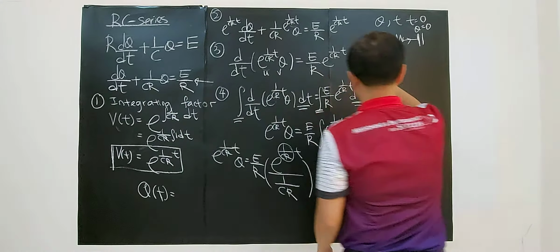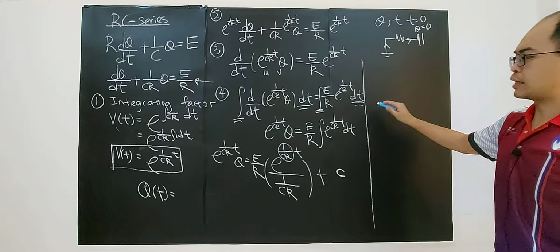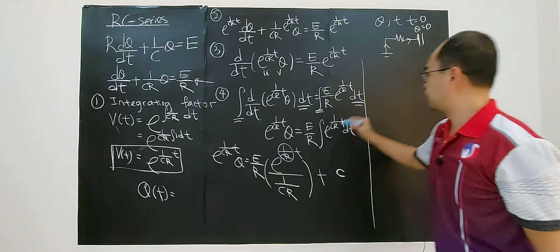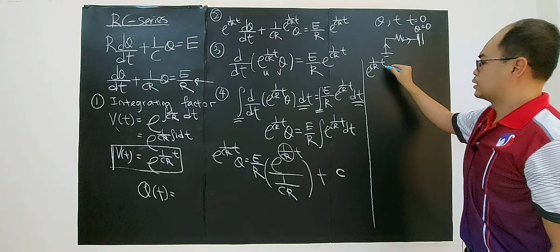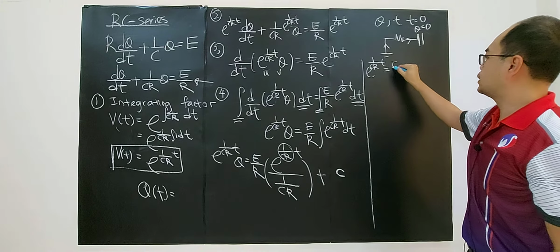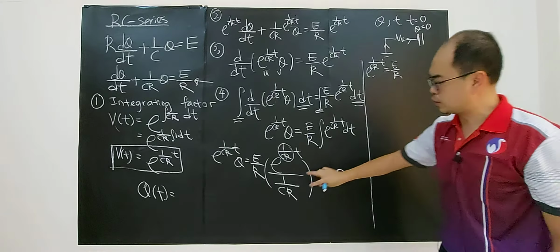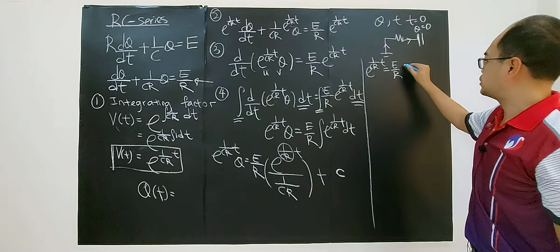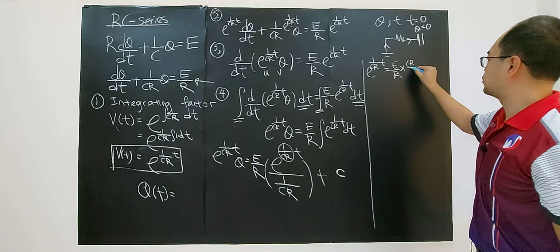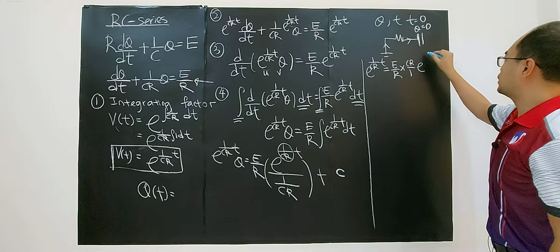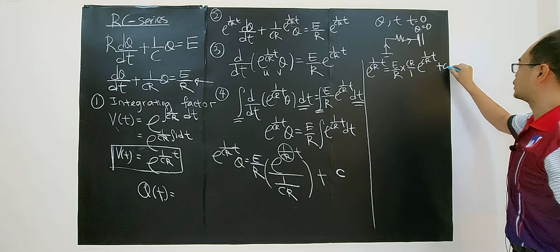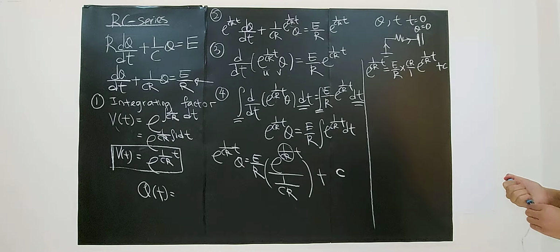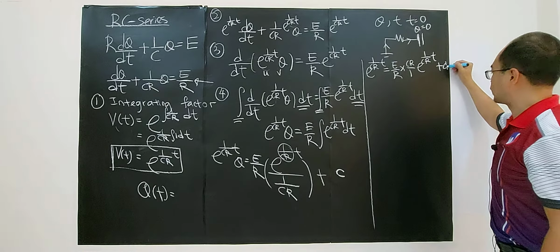I need some space here, so I will rewrite this to be E over 1 over CR, times t, equals E over R. As 1 over CR goes up, it becomes CR over 1, right? Which is e^(t/CR) plus a small c. This c is a constant, right? I just write it differently.